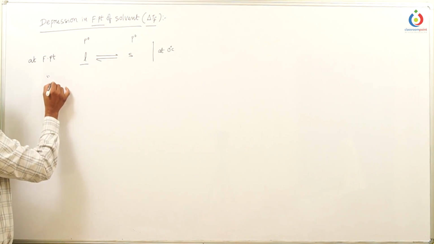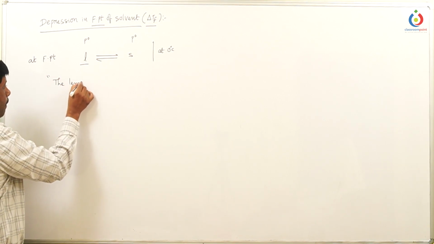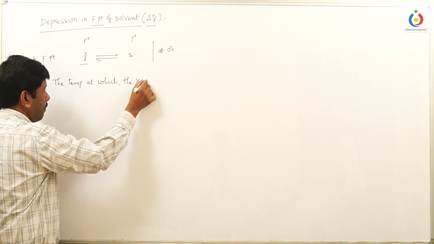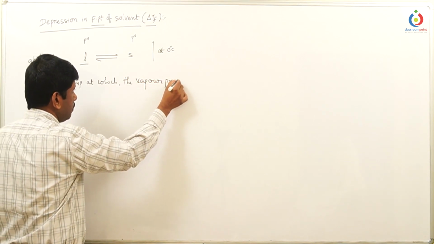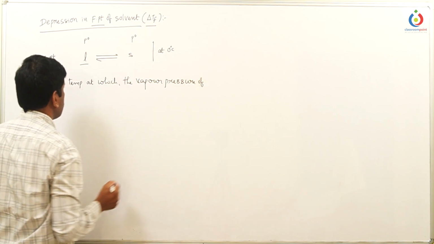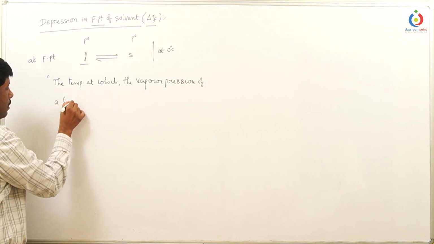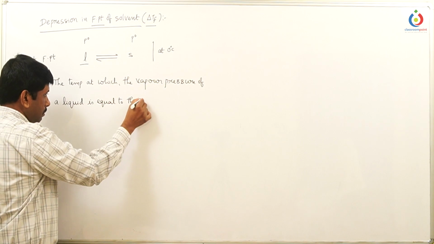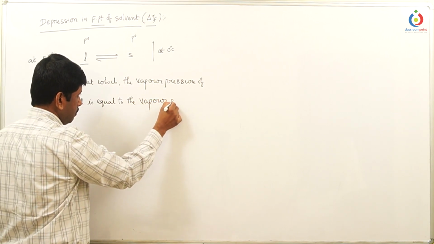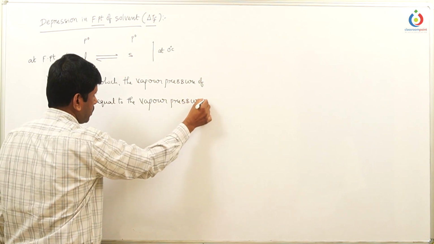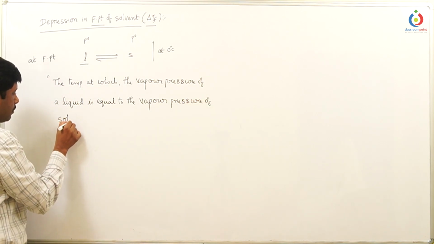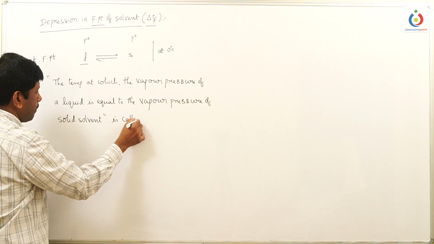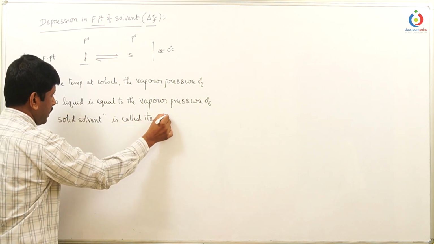So I shall write down the definition. The temperature at which the vapor pressure of a liquid is equal to the vapor pressure of the solid solvent is called its freezing point.